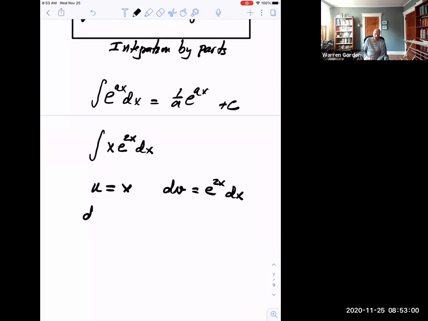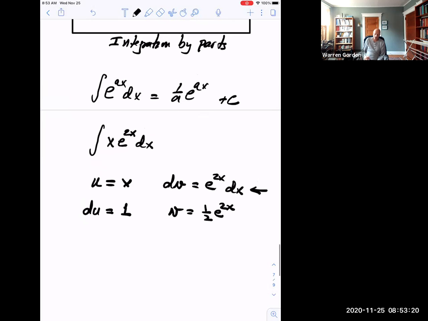Then the derivative of u is 1. And if I integrate this expression, I get v is equal to 1/2 e to the 2x. Notice I'm leaving out the arbitrary constant. I'll deal with that at the end.